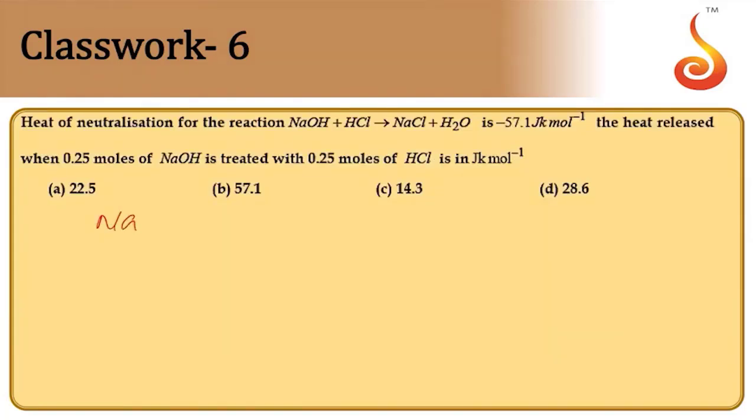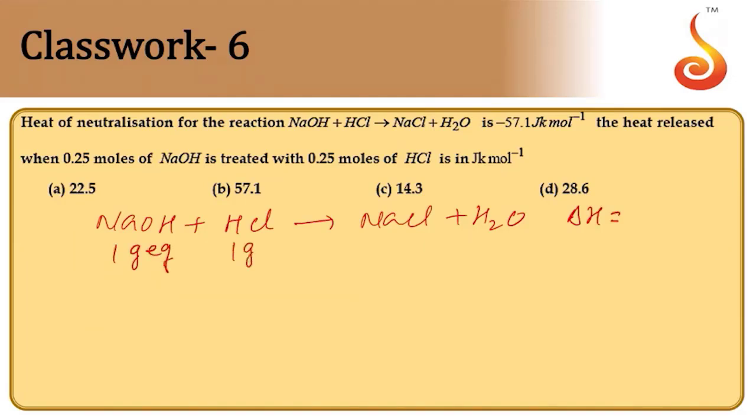Means when you take NaOH plus HCl giving rise to NaCl plus H2O, this delta H value is given to us. So when you take this as 1 gram equivalent, and this is also 1 gram equivalent, then delta H will be equal to minus 57.1.